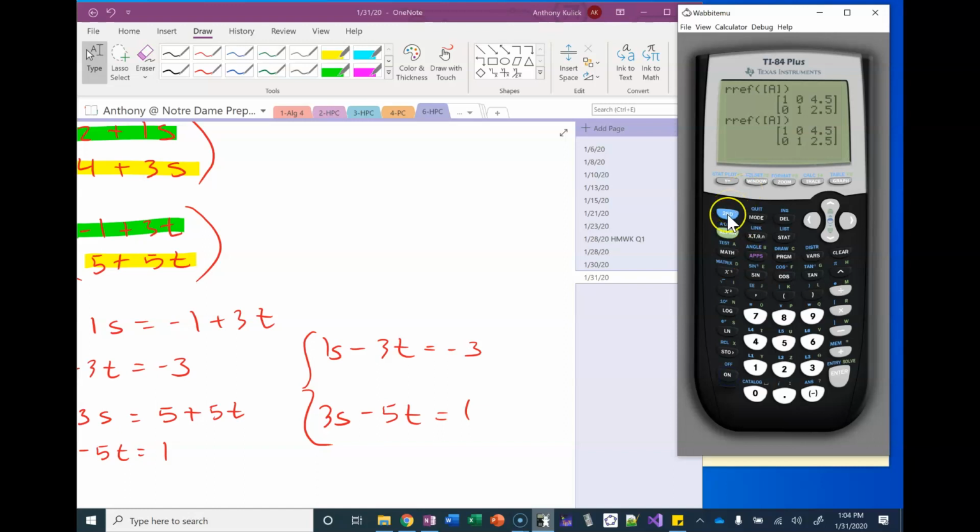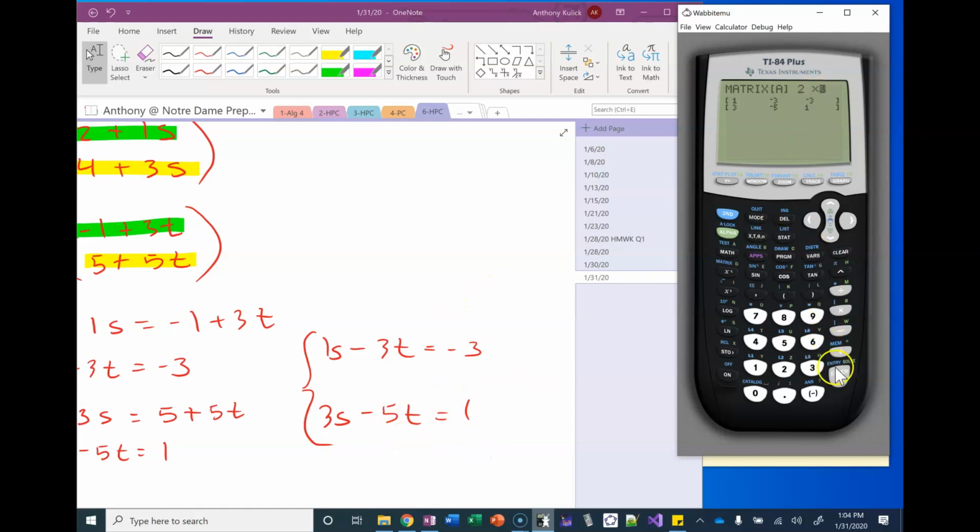Okay. So I'm going to start by opening the matrix menu on my calculator. So I'll press second and then the matrix button. Inside the matrix menu, I'm going to move my cursor to the Edit tab and select one of the matrices to edit. I'm going to do mine in matrix A. My system has two equations, so I'm going to need two rows. And it has a column for the s's, a column for the t's, and a column for the answers.